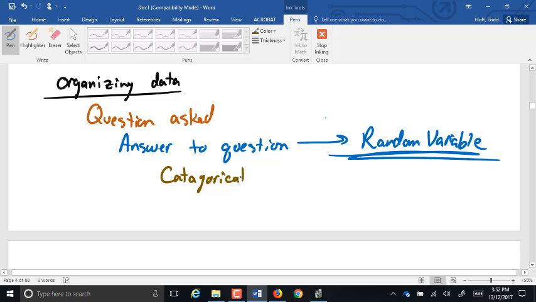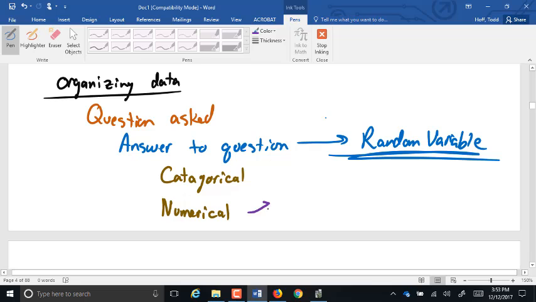Or that answer could be a number. If you ask, what's your height? That's a number. How many classes are you taking? That's a number. That makes it a numerical variable.